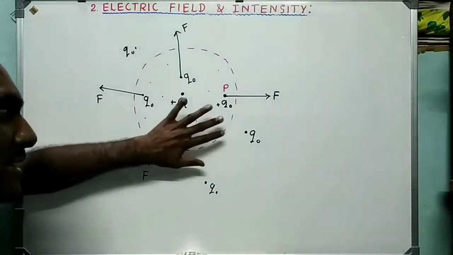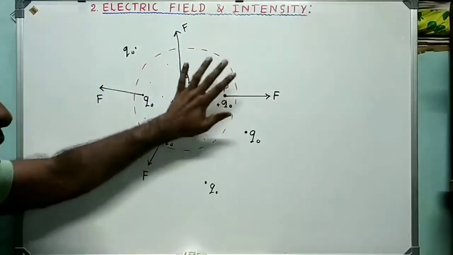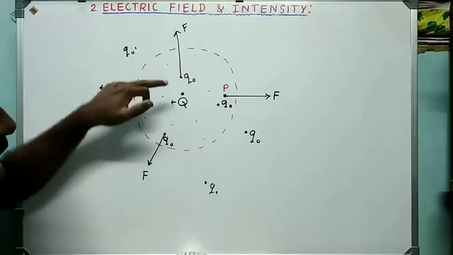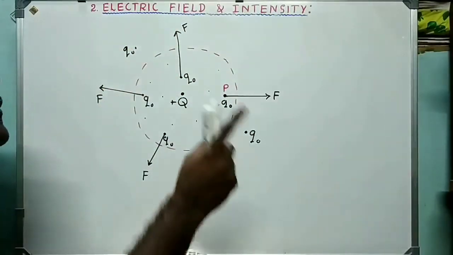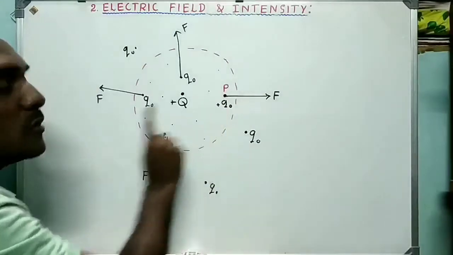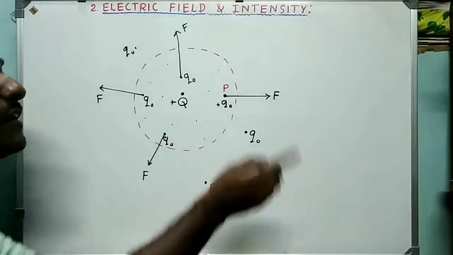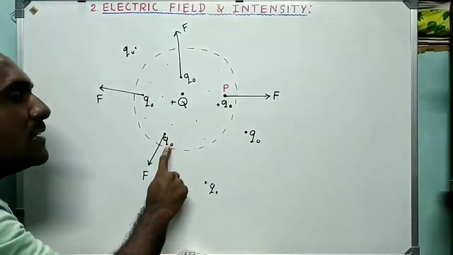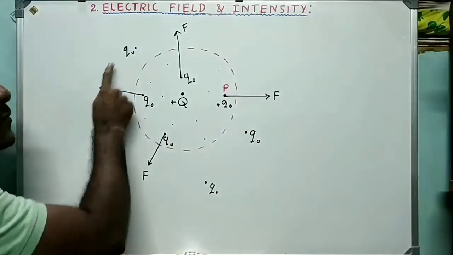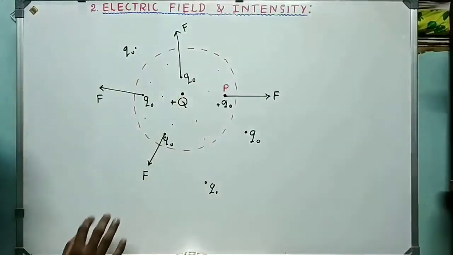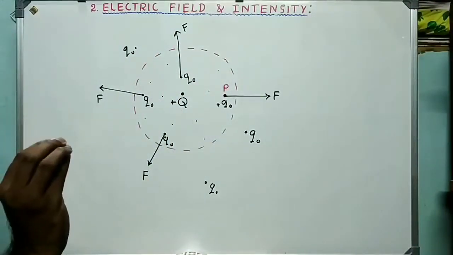That means the space around the point charge, where a small amount of charges, other charged particles, test charges experience the electrostatic force, and that space around the charge is known as electric field.